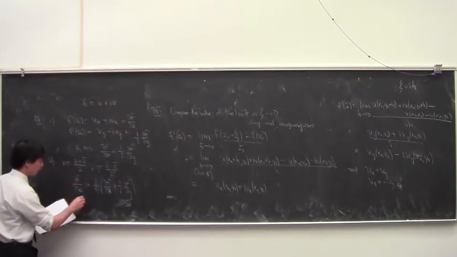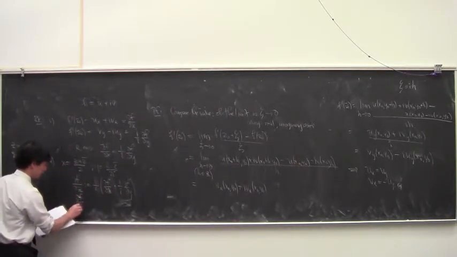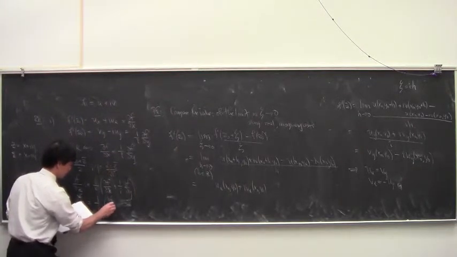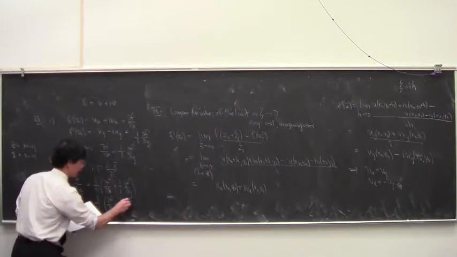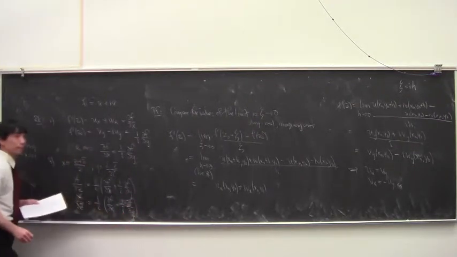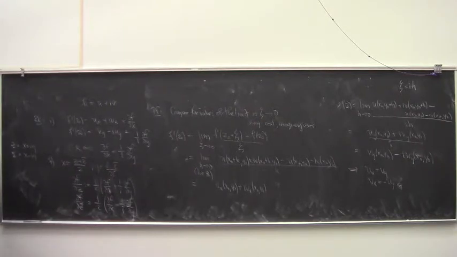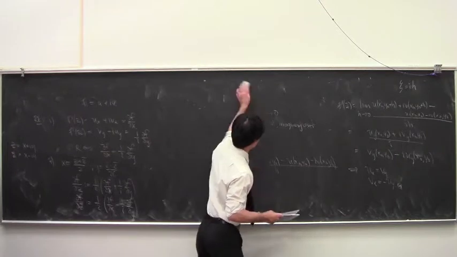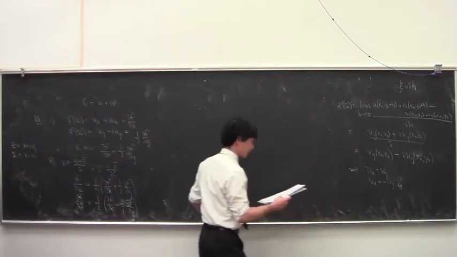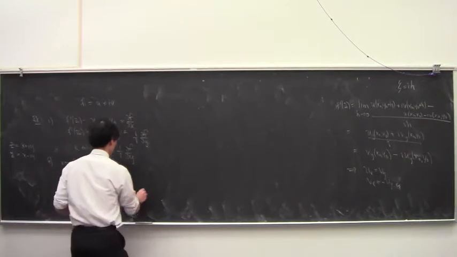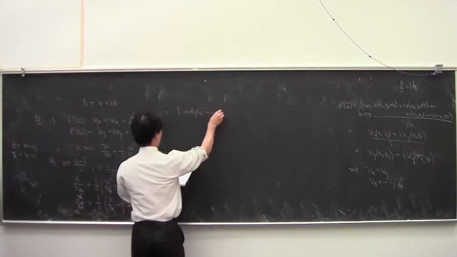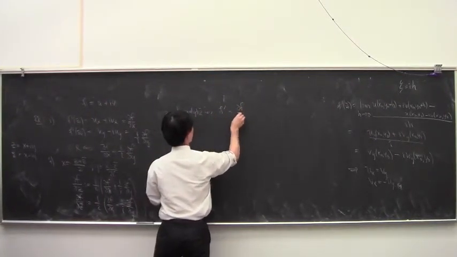And it makes sense also to define df dz bar as 1/2 df dx minus 1 over i df dy, again by the chain rule. So from that point of view, what you have then is that if f is analytic, then f prime is df dz.